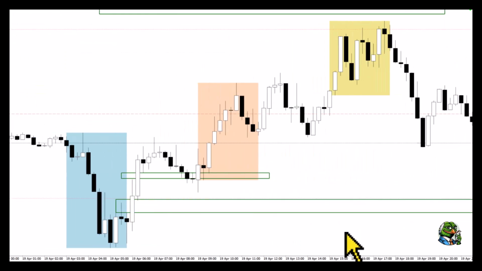Okay, a gap is three distinct candles. A candle on the left, right, where my mouse is, a candle in the middle where my mouse is, and a candle to the right. Between those three candles, you'll see on the left-hand side, the first candle of the three has a wick, and then there's a move up in that middle candle, and then there's a third candle which has a wick to the downside.